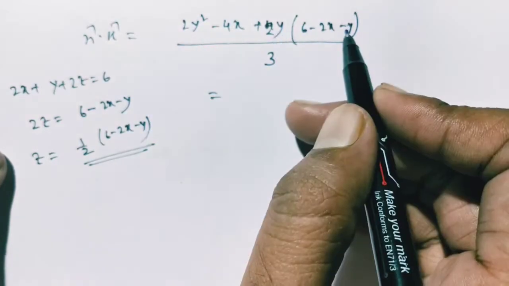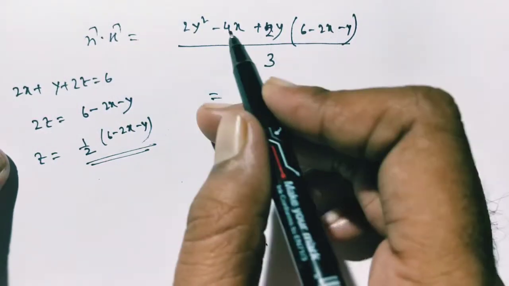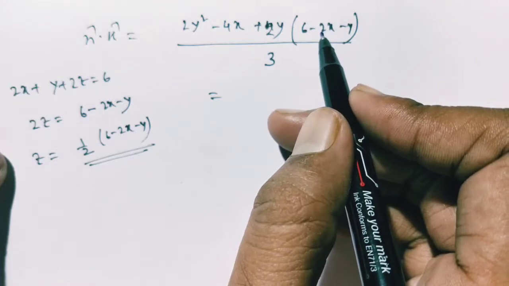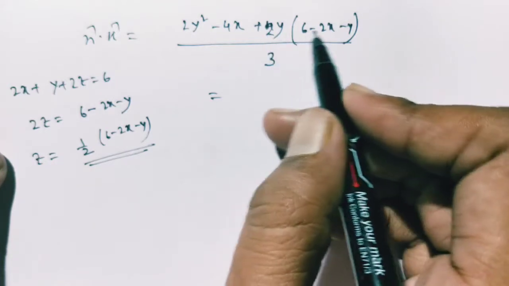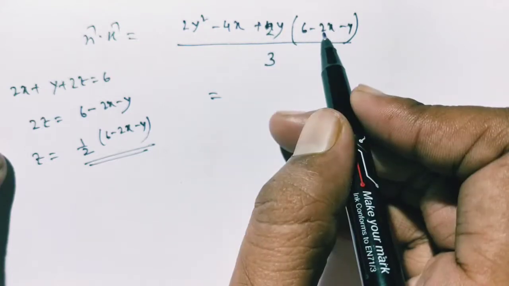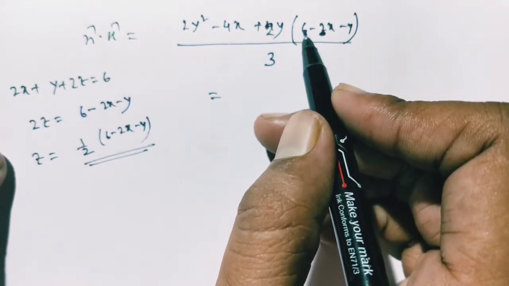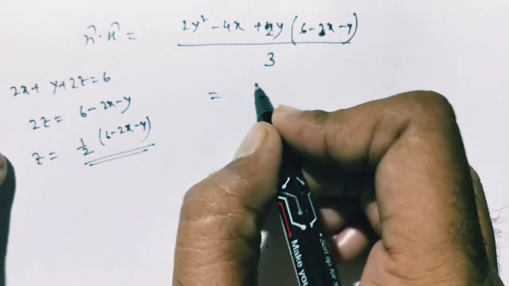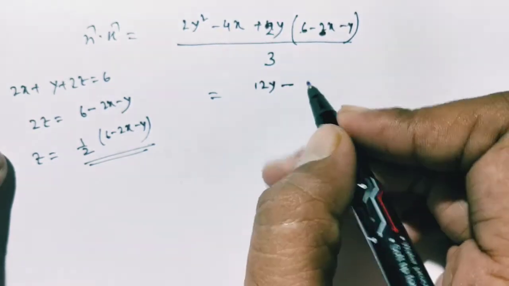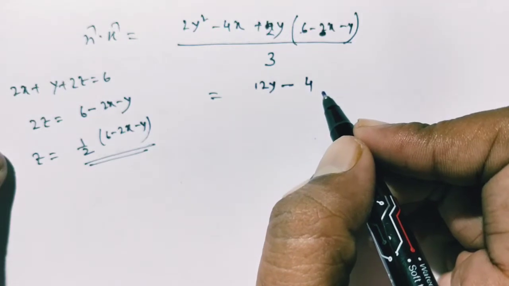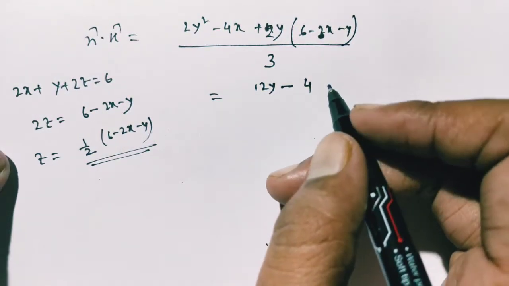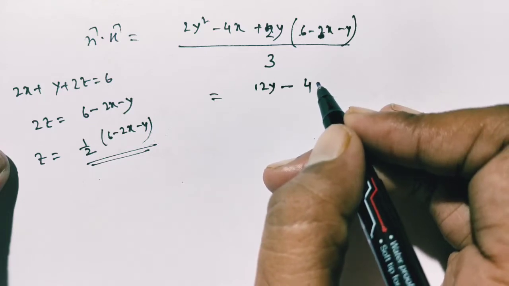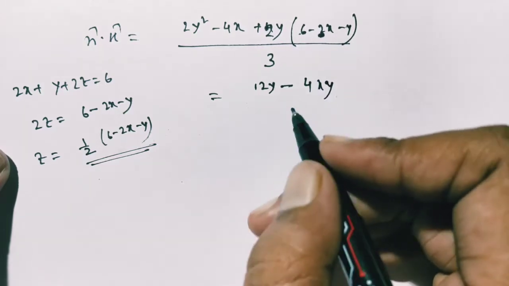So 2y square and 2y square will be cancelled out, and here is 2 into 2, that is 4xy, and 6 into 2, 12y. So it will be 12y minus 4xy divided by 3.